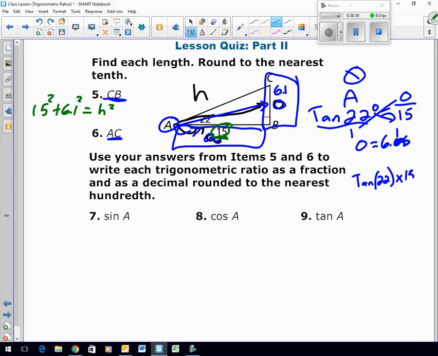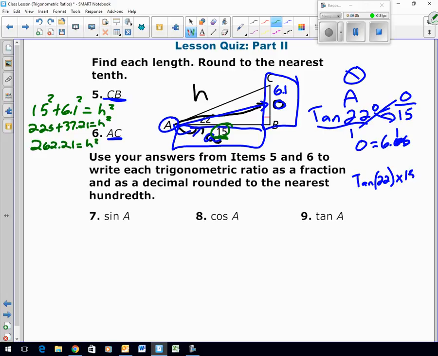Give me 6.1 squared. I'll do 15 squared. It's 225. It's 37.21. Somebody tell me what 225 plus 37.21 is. 262.21.